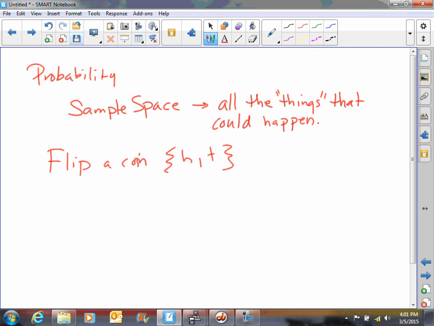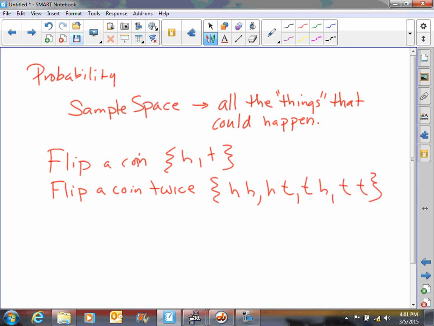The sample space for flipping a coin twice would be heads, heads, heads, tails, tails, heads, tails, tails. So notice when we're talking about a sample space, we're just talking about all the things that could happen in that particular situation.